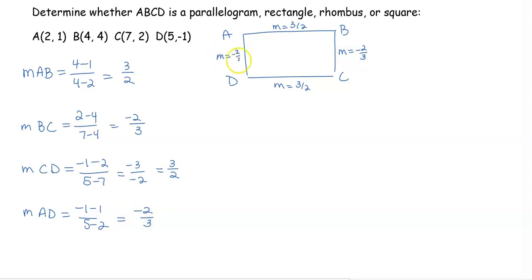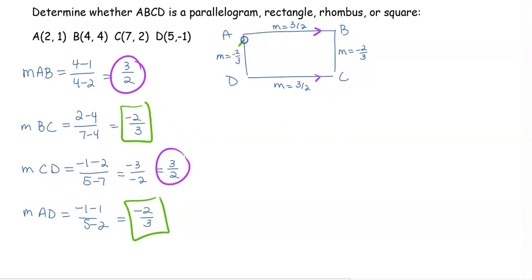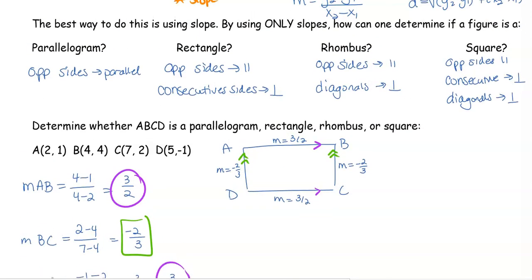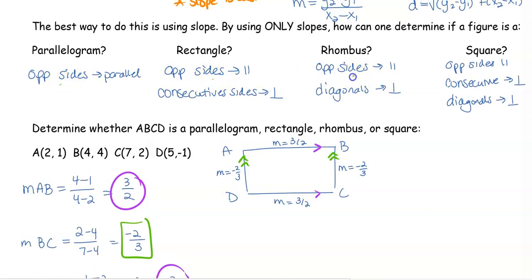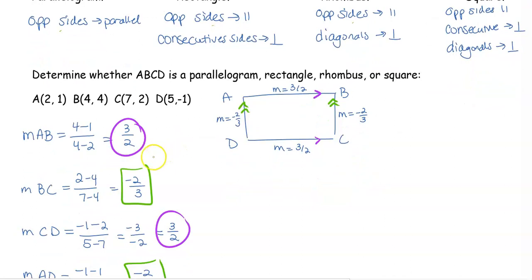So when we look at our diagram, we see opposite sides are parallel, which is good because if we look at our criteria, every single one of them has opposite sides parallel. So that didn't maybe help us so much. But we look at the sides next to each other. This is 3/2 and this is a -2/3. Are those opposite reciprocals?